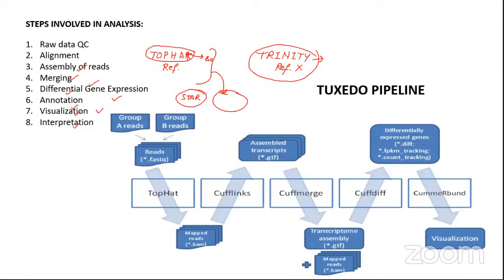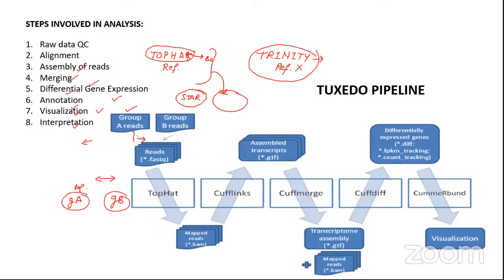So we have reads from two different groups. We have done the quality check separately for both groups. We have aligned separately to the reference. So group A, group B. We have transcripts from here and from here.